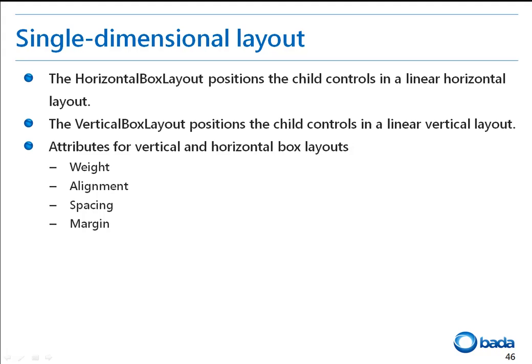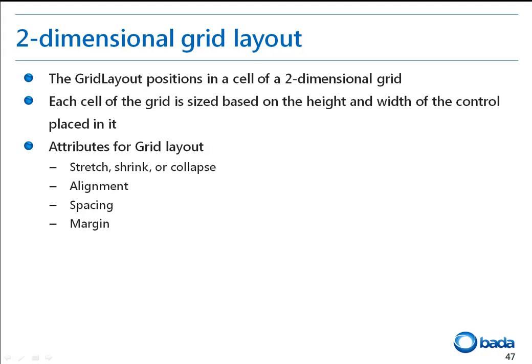Using grid layout causes each control to be positioned in a cell of a two-dimensional grid. Each cell of the grid is sized based on the height and width of the control placed in it. The attributes that can be set for the grid layout are: first, stretch, shrink, or collapse.